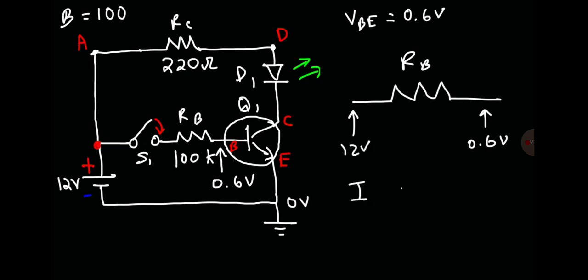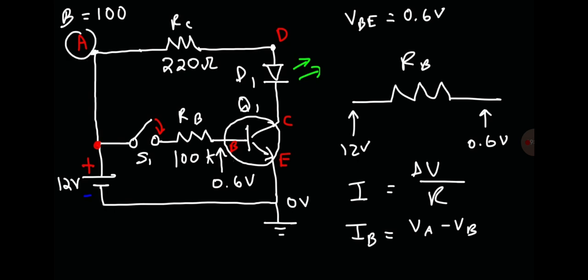According to Ohm's law, in order to calculate the current flowing through a resistor, it's going to be the voltage across that resistor divided by the resistance. So in this case, IB is going to be the voltage across the resistor, which is VA minus VB. It's the difference between the potential at A and the potential at B divided by RB.